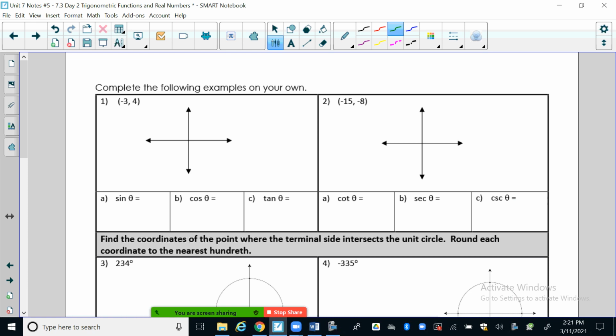All right, would anybody like another minute before I show the answers to number 1 and number 2? No worries, 1 more minute.